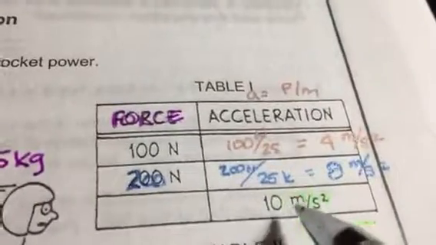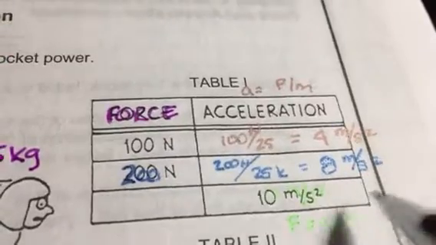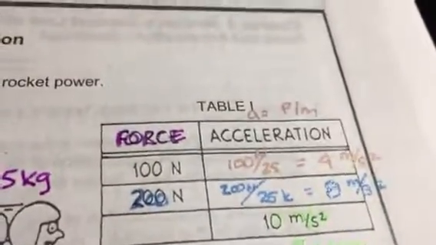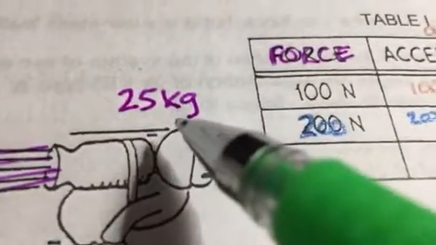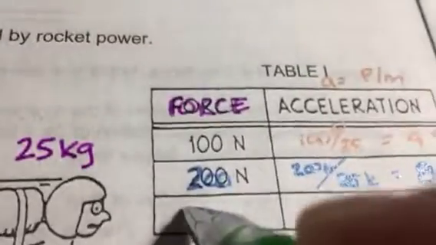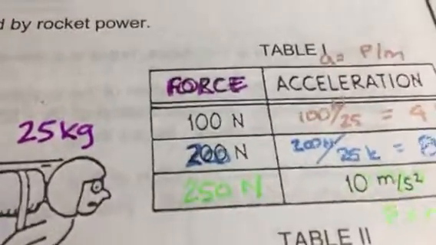And so we have an acceleration of 10 meters per second squared times a mass of 25 kilograms, because that's what our skater is, then our force is 250 newtons.